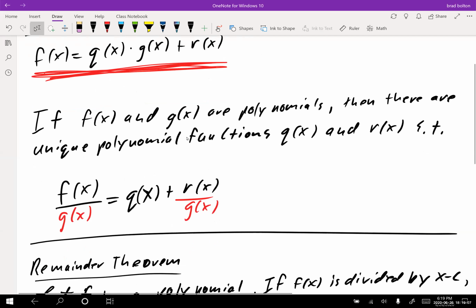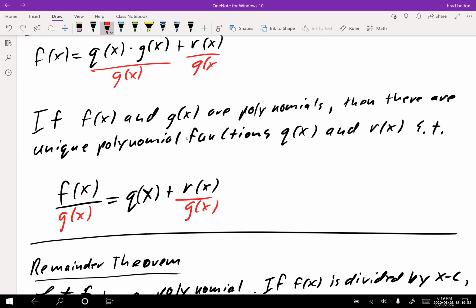It says if f of x and g of x are polynomials, then there are unique polynomial functions q of x and r of x such that when you divide, so notice here all I did was divide each term by g of x. Okay, so we divide that by g of x, and we're left with this plus this, right?